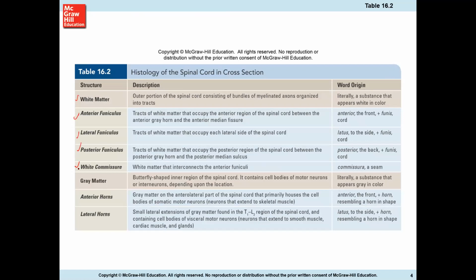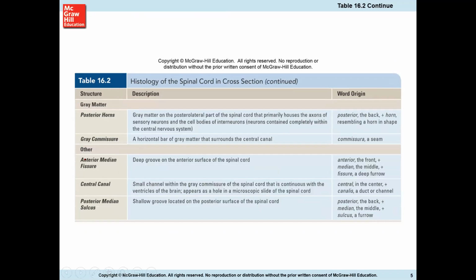White commissure is the crossover in the spinal cord, the white matter crossover. Then there's gray matter, which has anterior horn, lateral horn, and there's going to be a posterior horn. And the gray commissure is the decussation or the crossover of the gray matter. You'll see that again in APR with the gray commissure. These are all things you need to know.